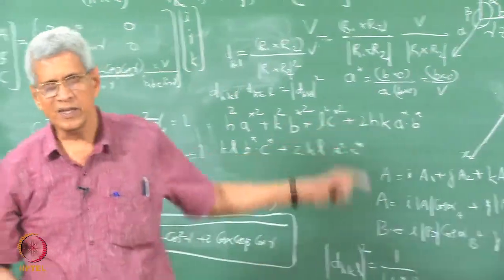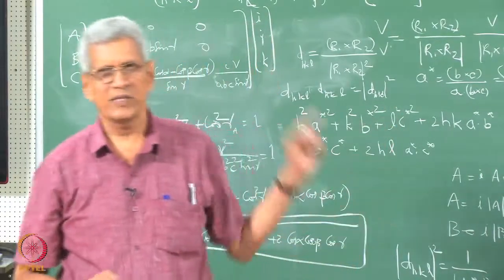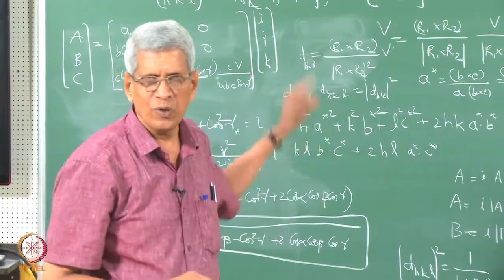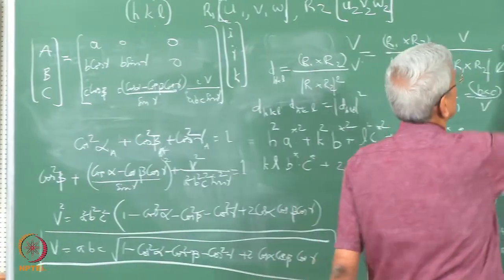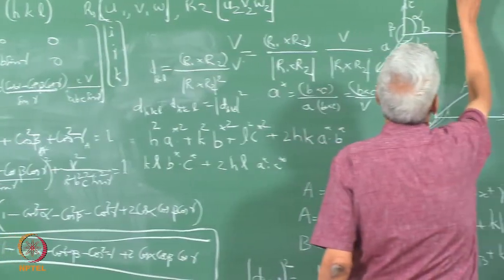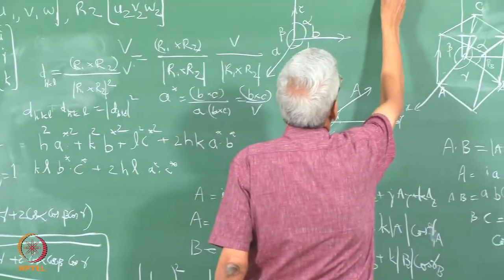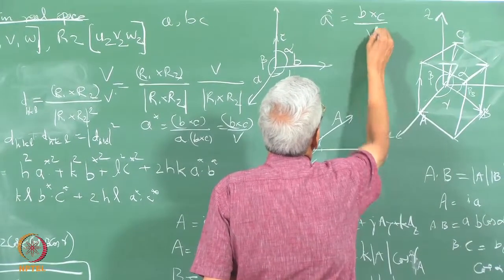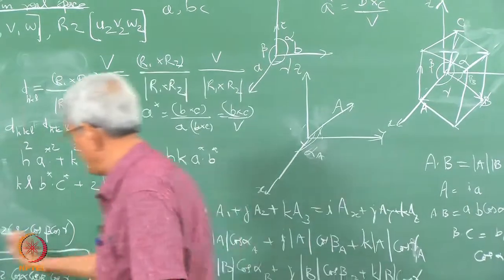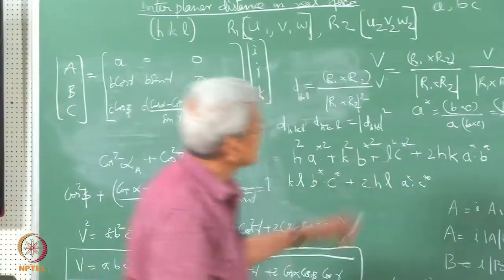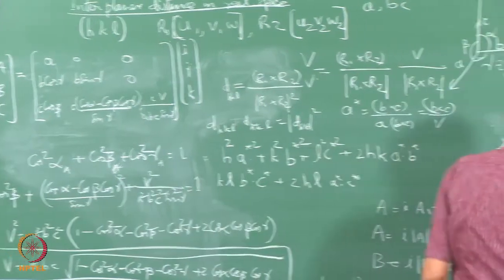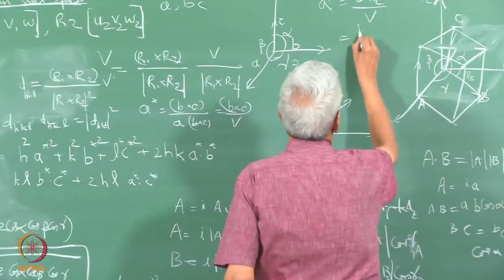In this, we know the relationship for a star, b star and c star. Essentially what we require is that a star will be equal to b cross c by V. What is b cross c?